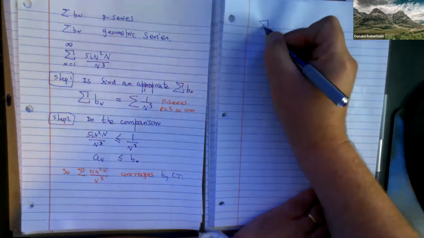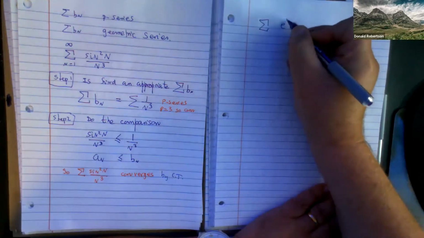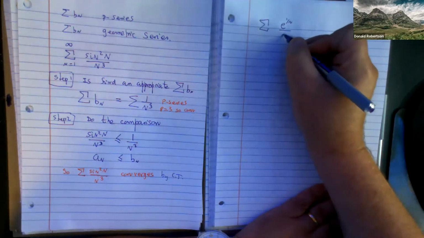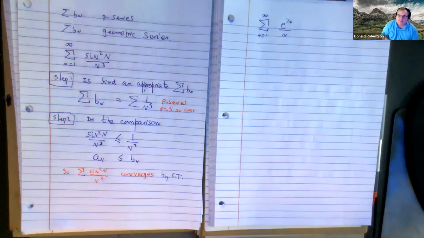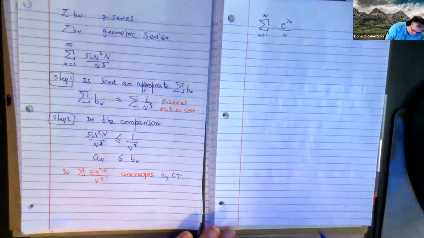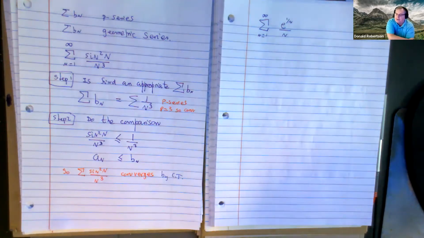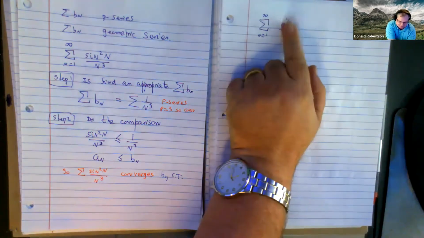Suppose I'm interested in e to the 1 over n, right? Suppose I was interested in that series. Who should I compare that guy to? What p series should I compare this fella to?